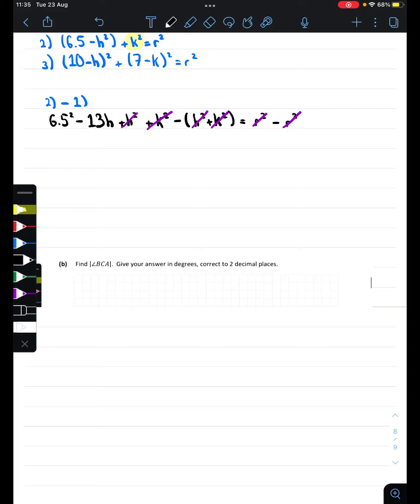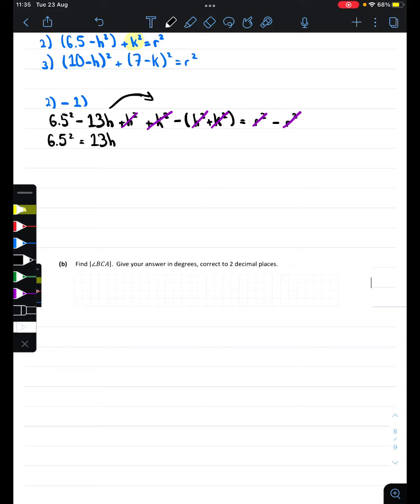And all we'll be left with is 6.5 squared is equal to 13h if we bring this 13h over. And this will allow us to solve for h very nicely.